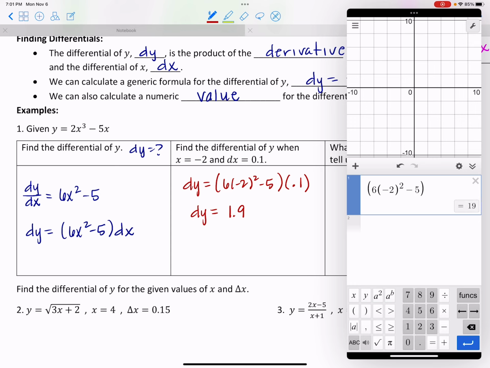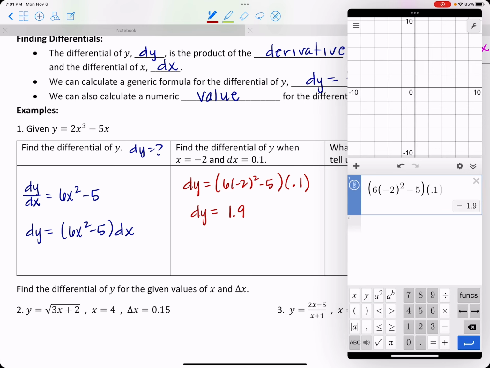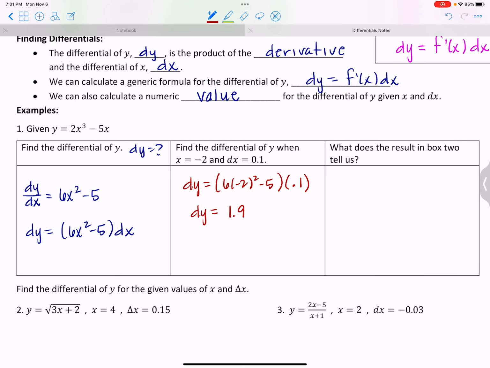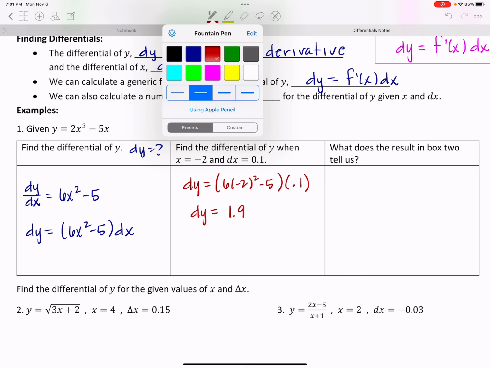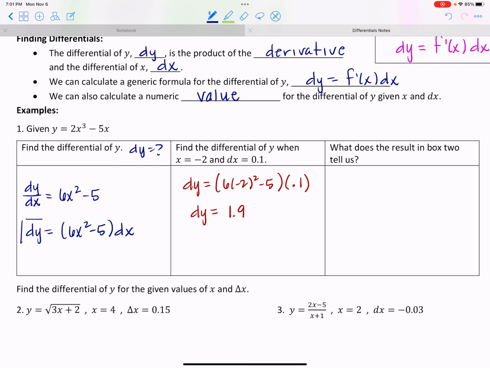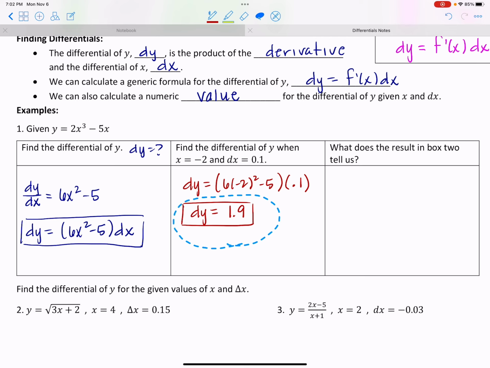Okay, so we get a differential of y equal to 1.9. So again, here's a generic formula, generic equation that we can calculate for our differential of y. And then if I know specific values for x and dx, then I can actually calculate a value for my differential of y. Now, what does that mean?